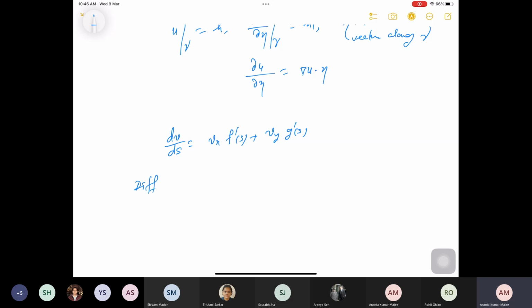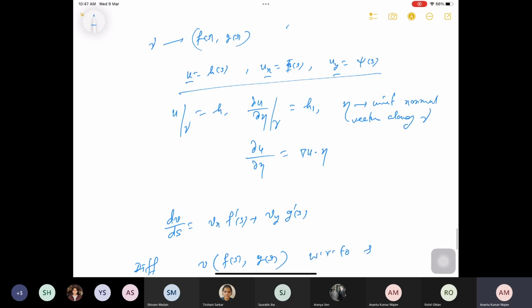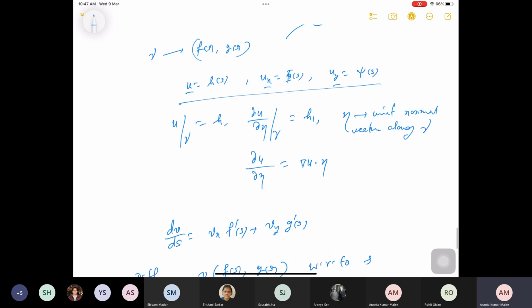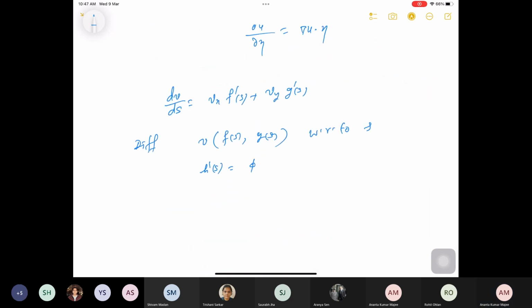Here I put u, but you can think of any function v such that the first order partial derivative is given along the gamma, whose parameterization is h of s, phi of s and psi of s.